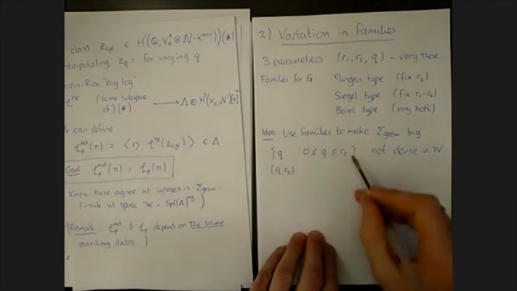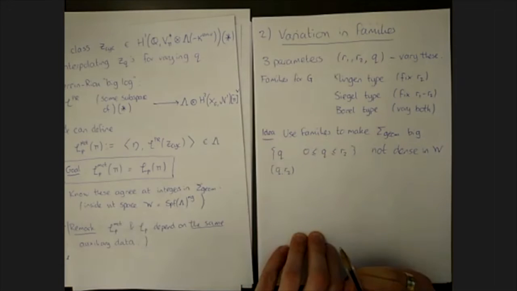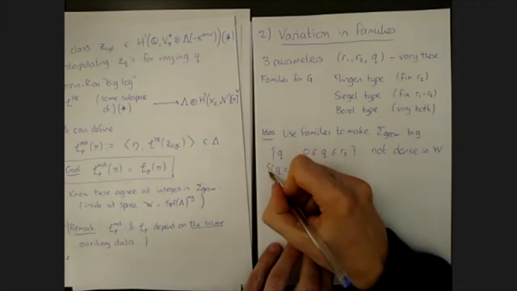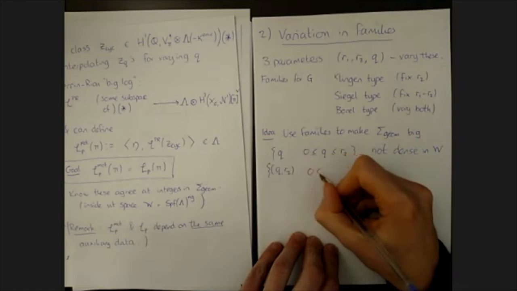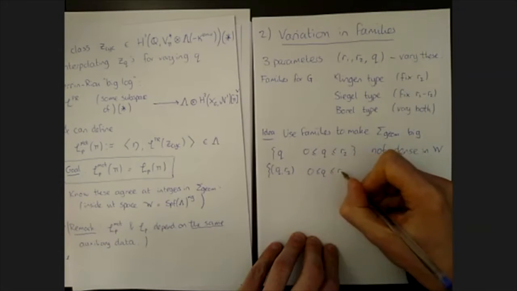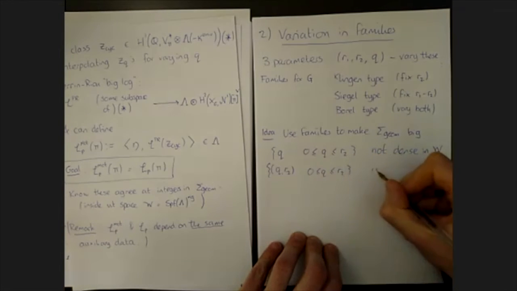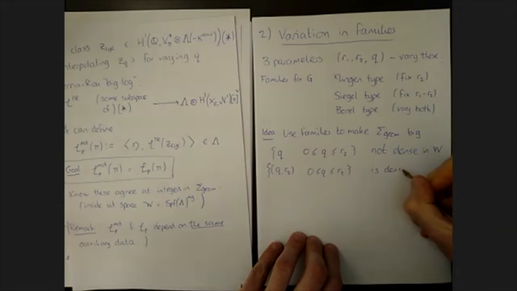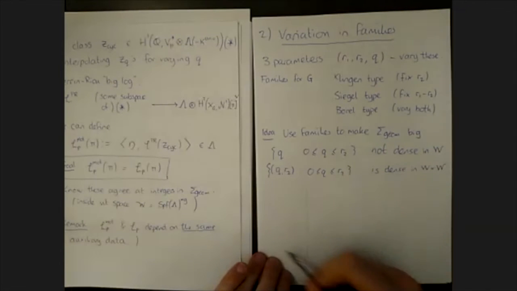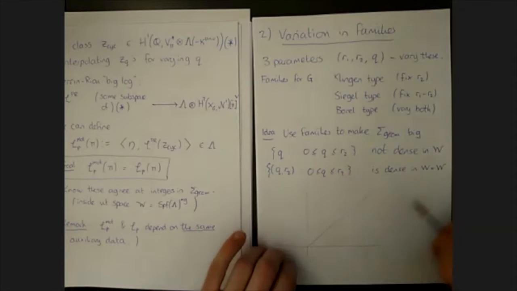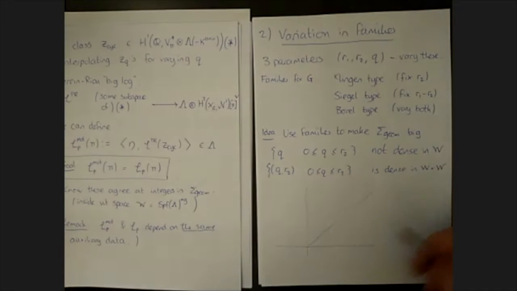So the set of Q satisfying this inequality for a fixed R2 is not dense, but the set of pairs is dense in W times W. And I'm going to draw a diagram here, which I actually stole from a book by Daniel Delbourgo.